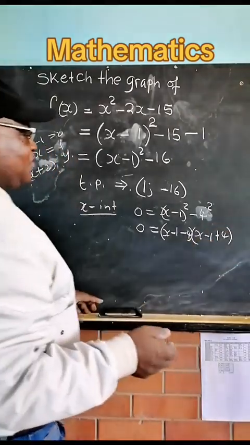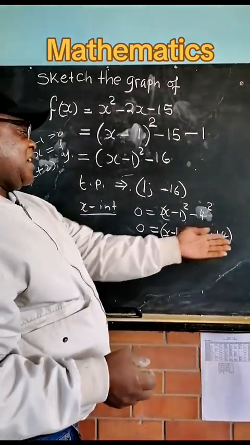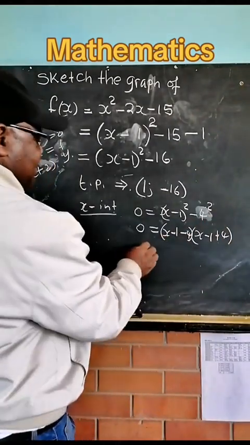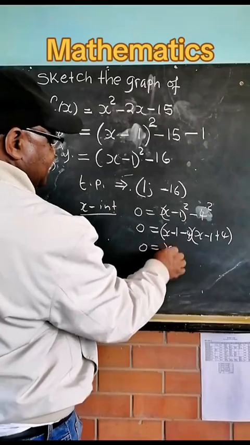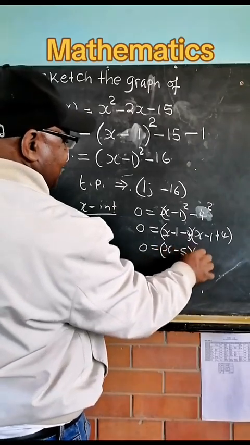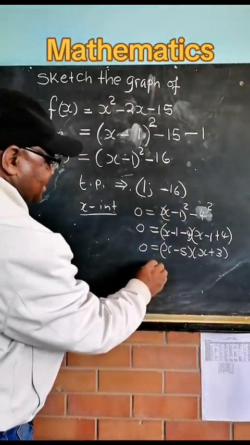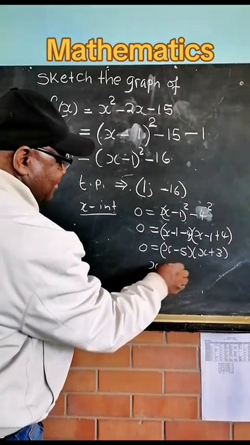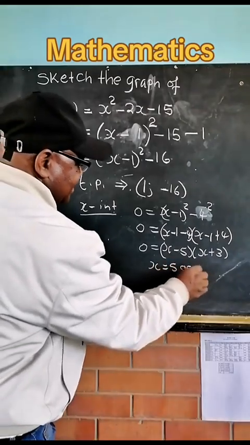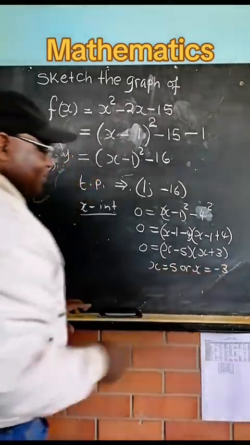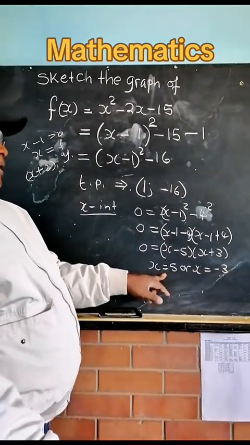Remember, for difference of 2 squares, I put a negative, I put a plus. So this is now equal to x minus 5 and x plus 3 is equal to 0, which means x shall be equal to 5, or x is equal to negative 3. These are my x-intercepts.